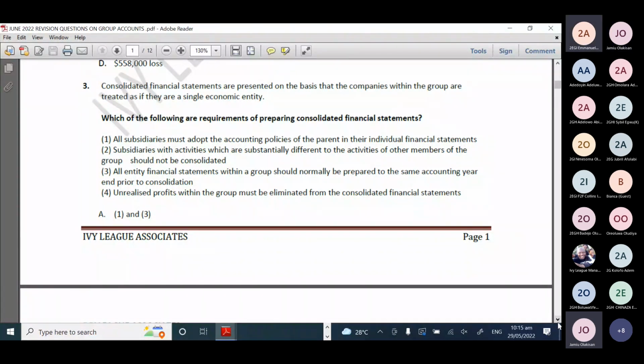Subsidiaries with activities which are substantially different to the activities of other members of the group should not be consolidated. 3. All entity financial statements within a group should normally be prepared to the same accounting year end prior to consolidation. 4. Unrealized profits within the group must be eliminated from the consolidated financial statements.